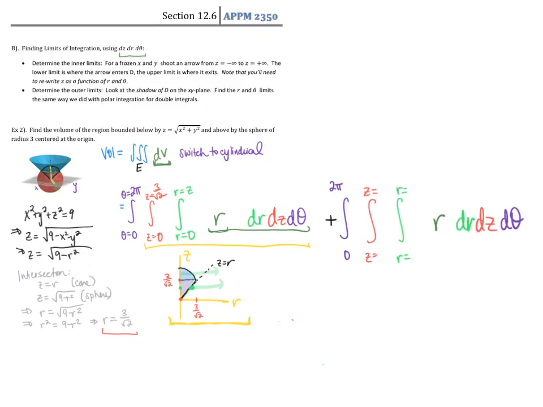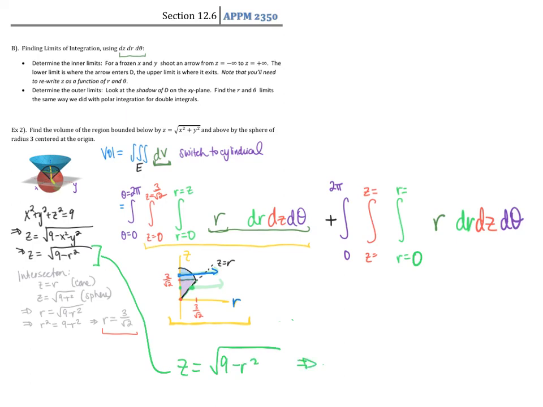Okay, so here we're shooting our arrow parallel to the r axis, and we can see it's entering the region when r is equal to 0. And it's exiting, now not when z is equal to r, but along that sphere. Let's rewrite the sphere in terms of r. The top sphere is z equals square root of 9 minus r squared.